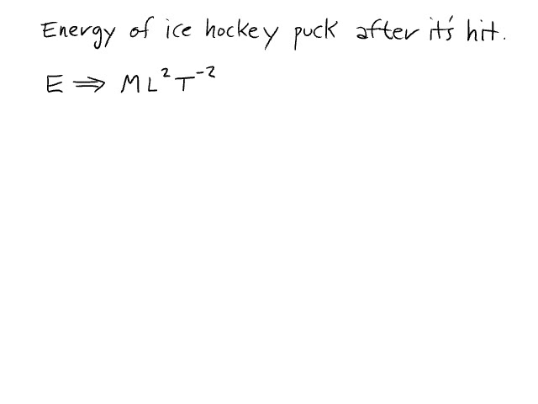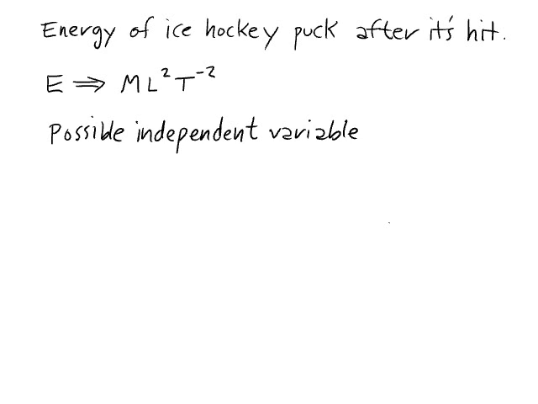Now, what would the energy of an ice hockey puck depend on? Well, I could certainly guess. When I think about the possible independent variables, I would think about the mass of the hockey puck. Because obviously if I was shooting a foam puck at somebody and hitting them with it, I would expect the energy that it hits them with to be different depending on the mass of the puck.